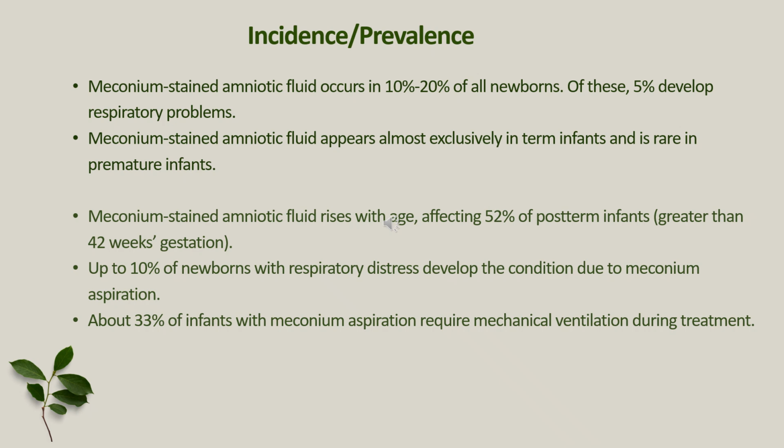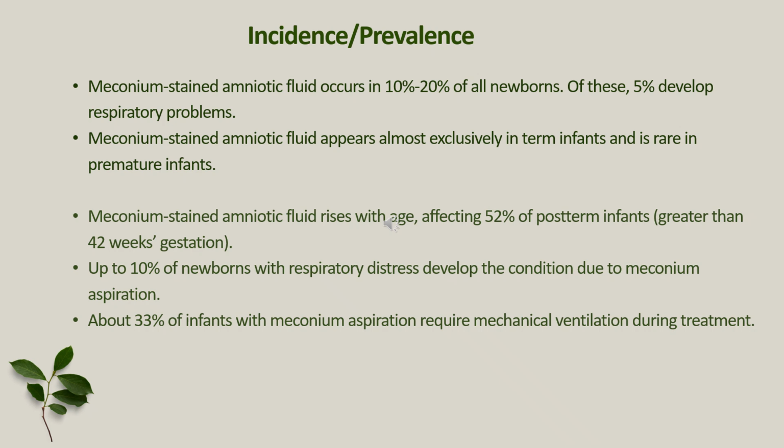The incidence and prevalence of MAS: MSAF, that is meconium stained amniotic fluid, occurs in 10 to 20% of all newborns. Out of it, 5% develop with respiratory problems, and mostly it occurs in term infants comparing with premature infants.